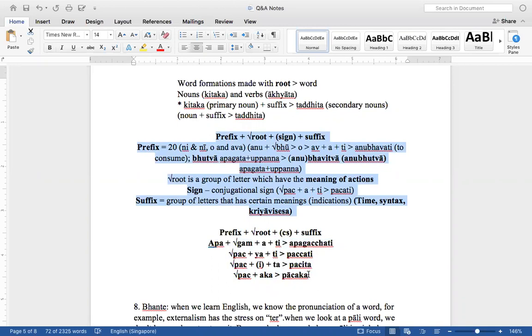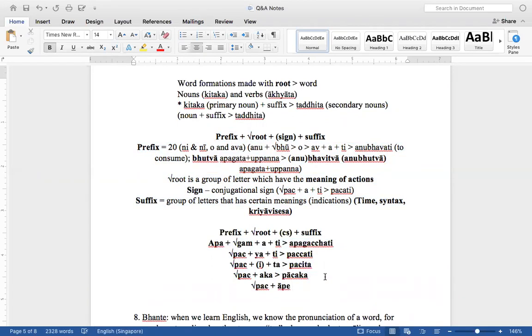There is another specific form, like pach plus ape plus ti. This ape is not normally considered a conjugational sign, but actually it is a sign. So in the end, it becomes pachapeti. Pachapeti means caused to cook. He's not cooking by himself; he caused someone else to cook.